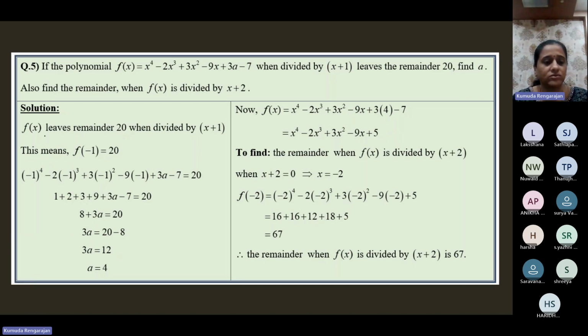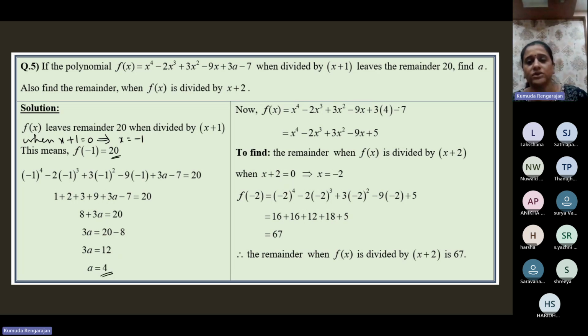I'll also include this. So f of minus 1 is equal to 20. This is the remainder.